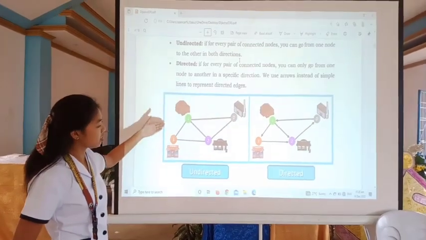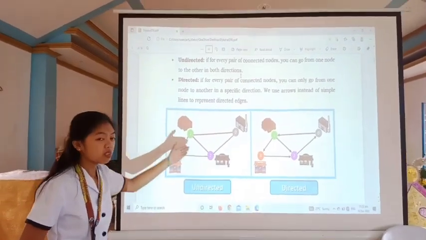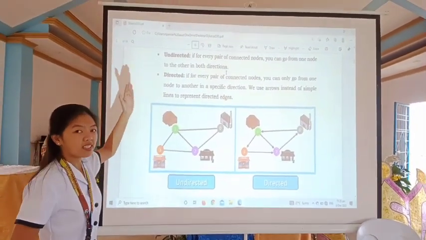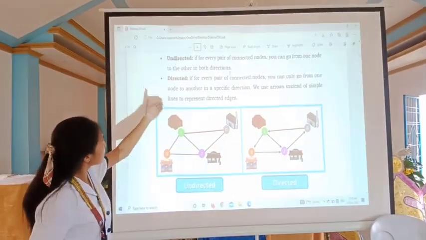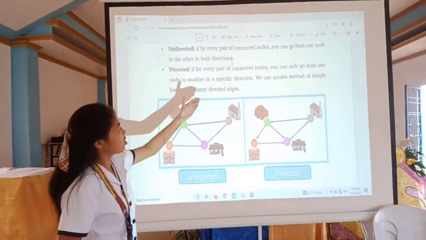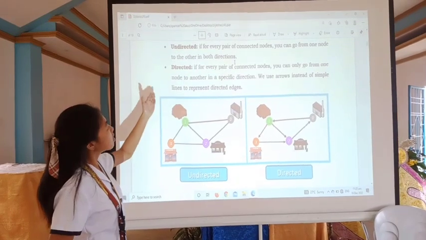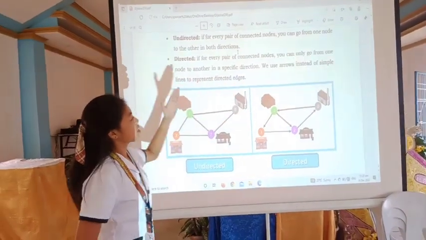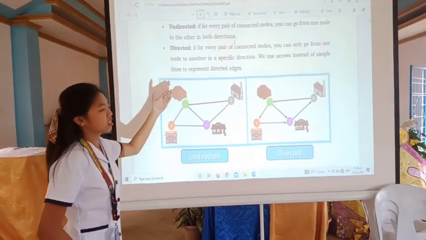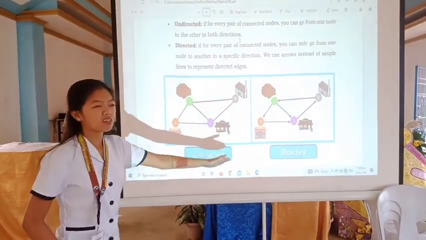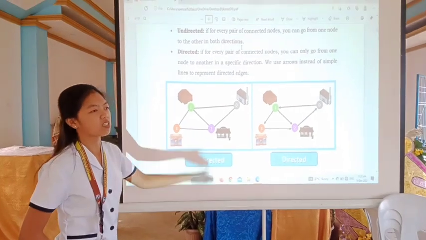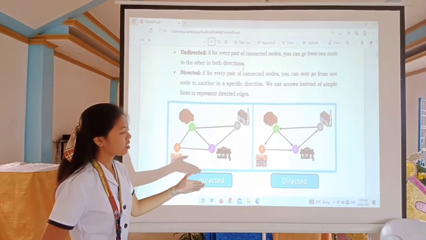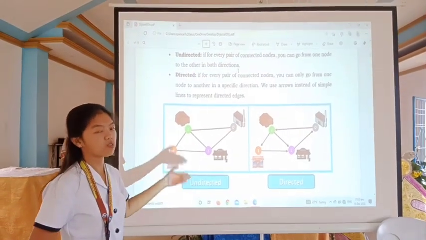That is an undirected graph. And then, for the directed graph, for the definition, we can say that it is a directed graph if for every pair of connected nodes, you can only go from one node to another in a specific direction. We use arrows instead of simple lines to represent the directions.